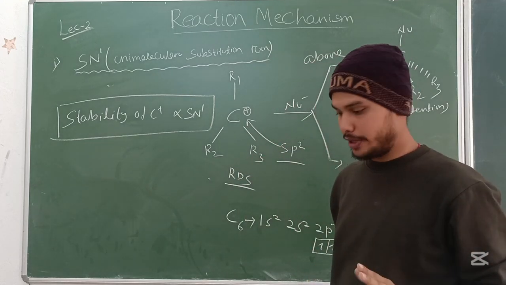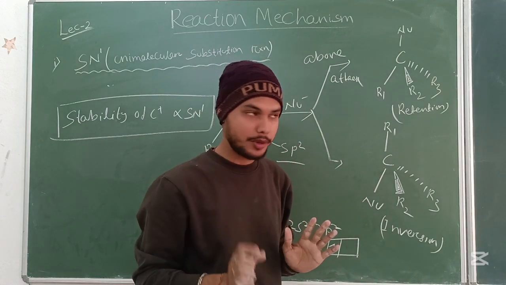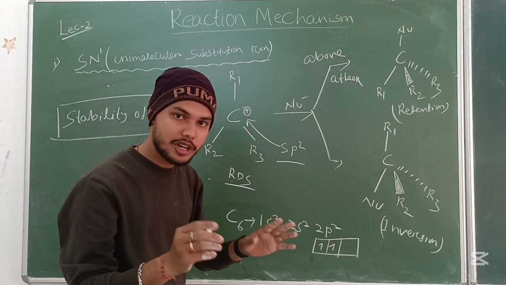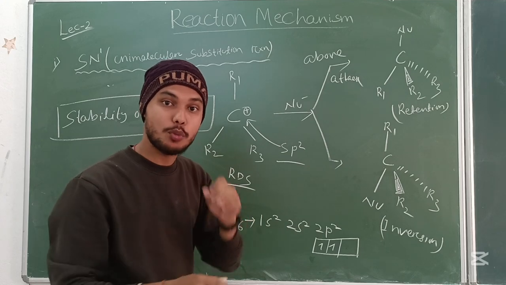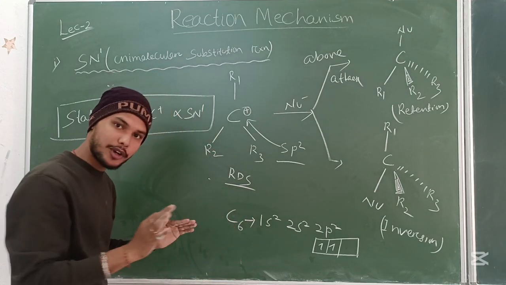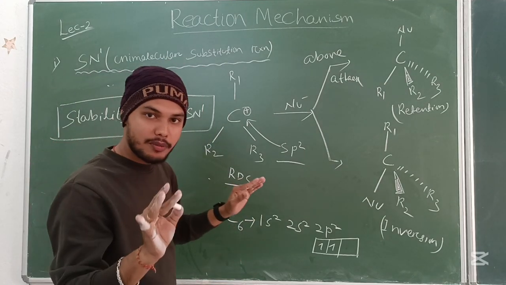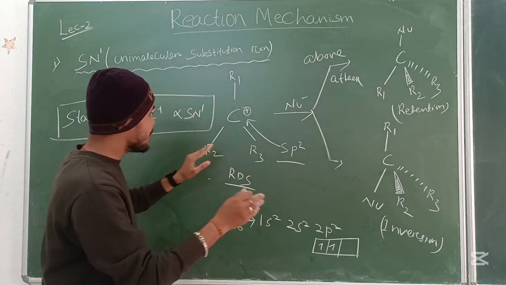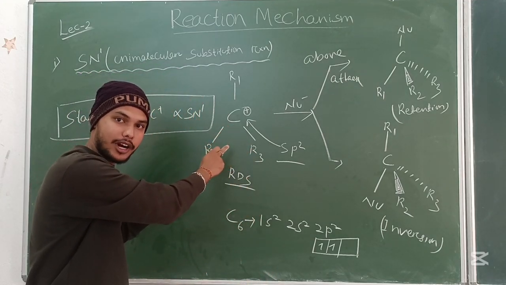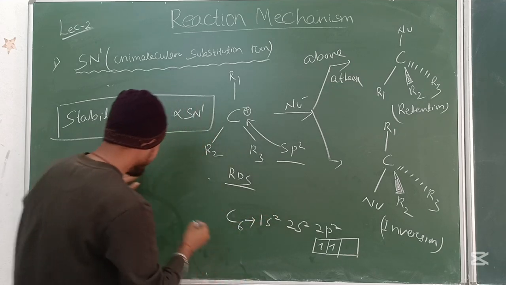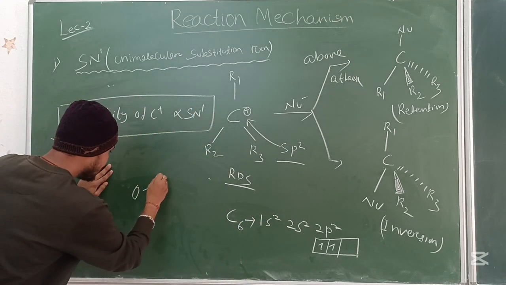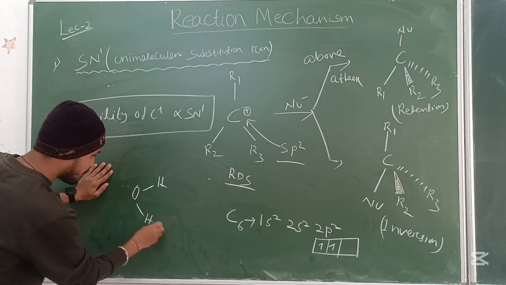Why a polar protic solvent? Here is a question. Polar protic means it must have hydrogen attached to a highly electronegative atom. The polar protic solvent is used to stabilize the intermediate carbocation as well as the leaving group. Like water, it is a polar protic solvent.